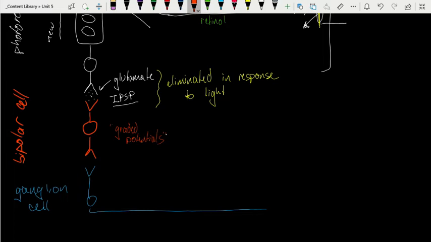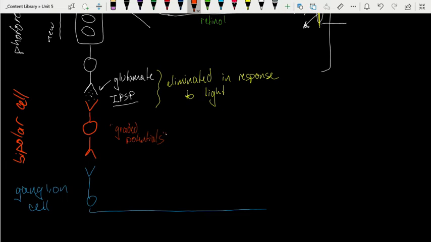And graded potentials allow a more measured response. Think about a light switch. I take the switch and I flip it on or I flip it off. That's action potentials. Think about now a dimmer switch where I have lots of ranges of intensity based on the input coming in. That's exactly how these bipolar cells work.